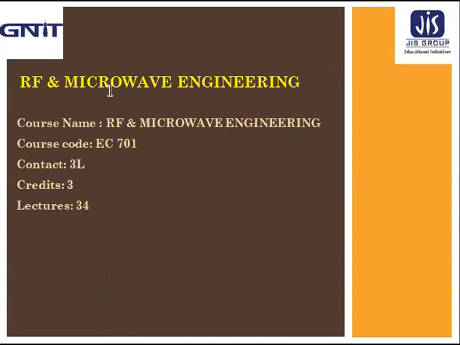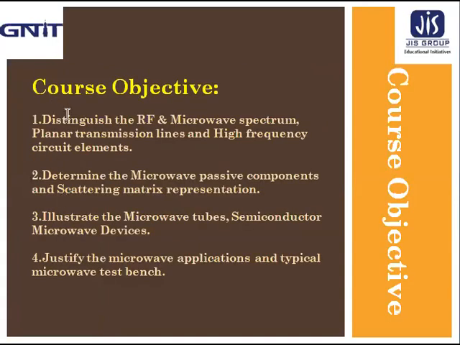The course name is RF and Microwave Engineering and the course code is EC701, and the total lectures for this course are 34. Now there are some course objectives. There are four course objectives. First one is to distinguish the RF and microwave spectrum, planar transmission lines, and high frequency circuit elements.